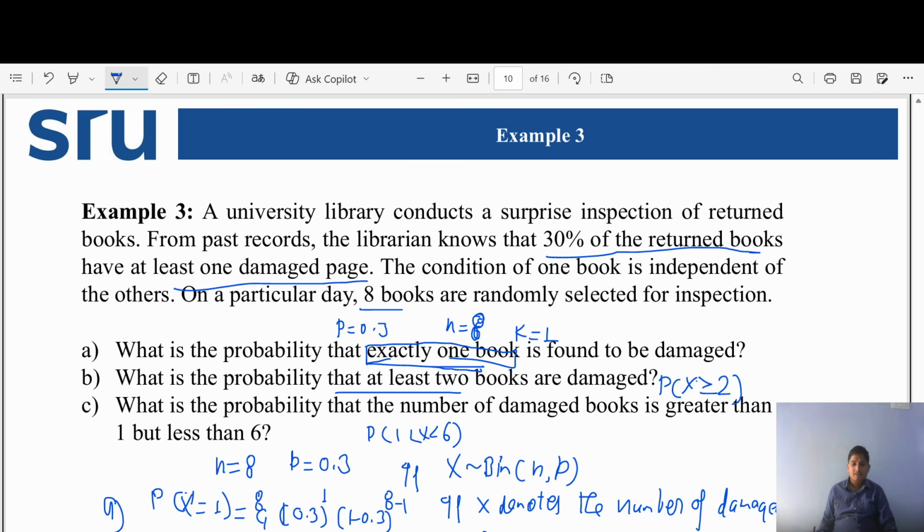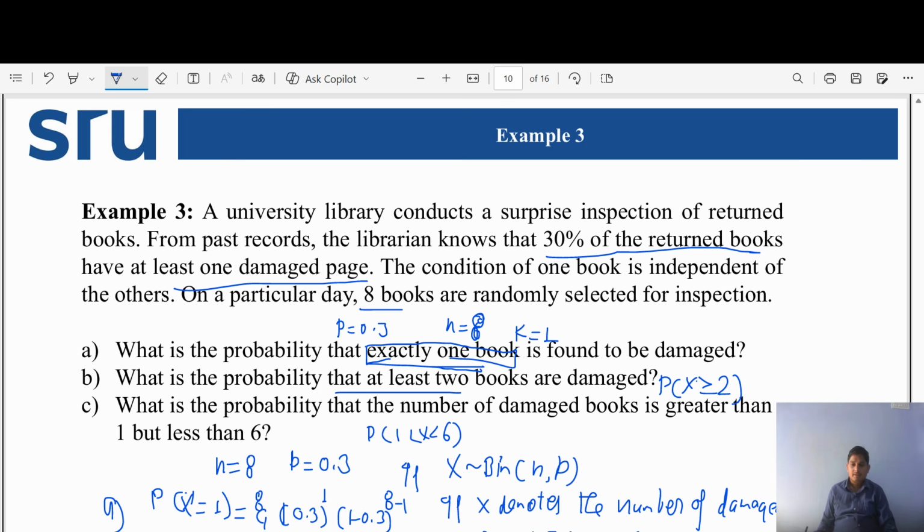So 8 factorial means 8 into 7 into 6 into 5 into 4 into 3 into 2 into 1, over 1 into 8 minus 1, which means 7 factorial, 7 into 6 into 5 into 4 into 3 into 2 into 1. Okay, so this is the combination, times 0.3 to the power 1 and 0.7 to the power 7. So I think this cancels out.